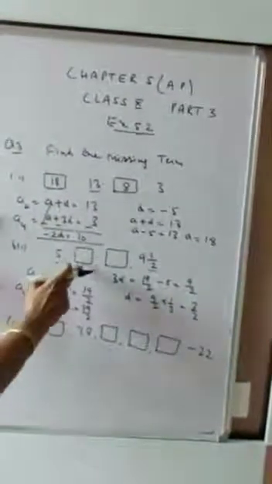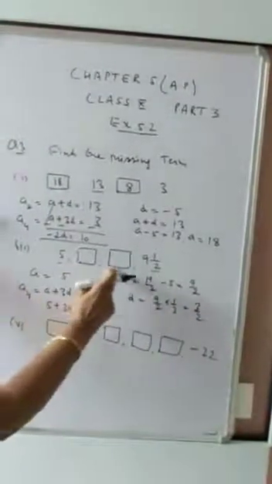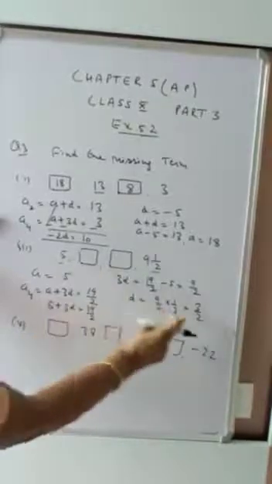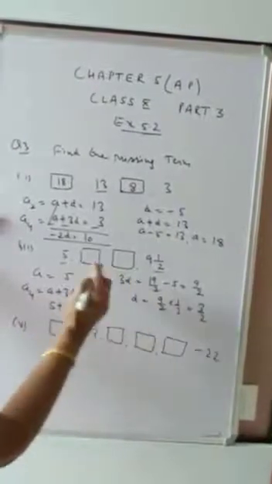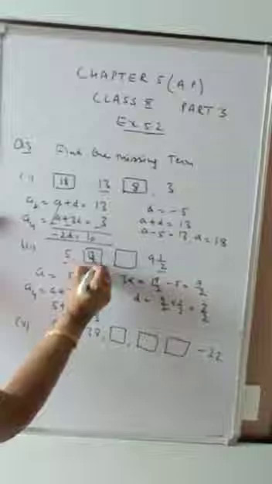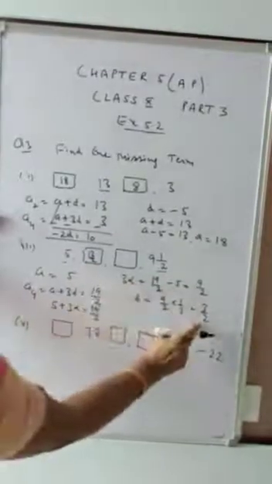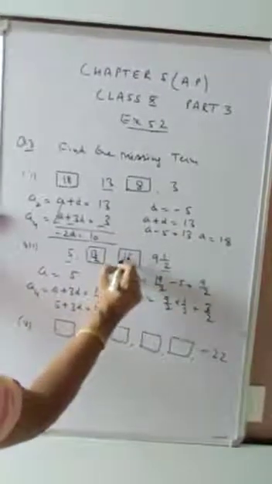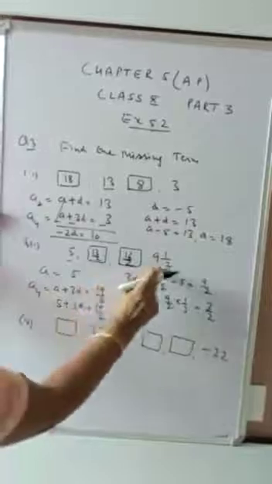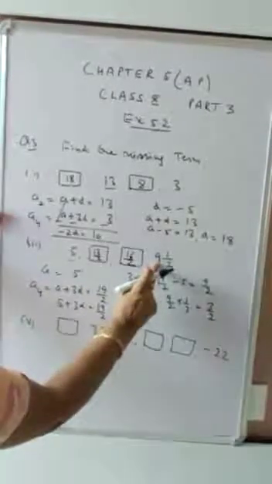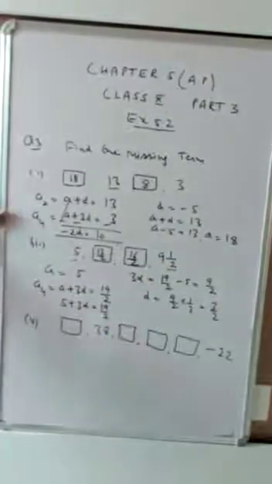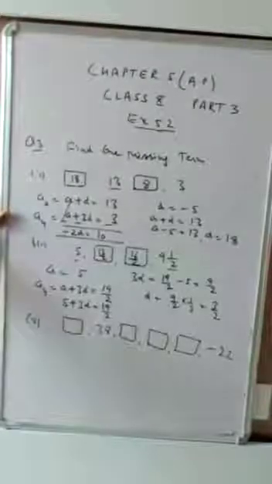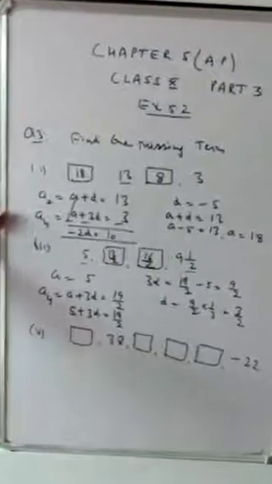So by adding 3 by 2, we can find the next term. 5 plus 3 by 2 will be 13 by 2. 13 by 2 plus 3 by 2 will be 16 by 2, which is 8. And next we have 19 by 2. So in this way we can find the remaining terms.